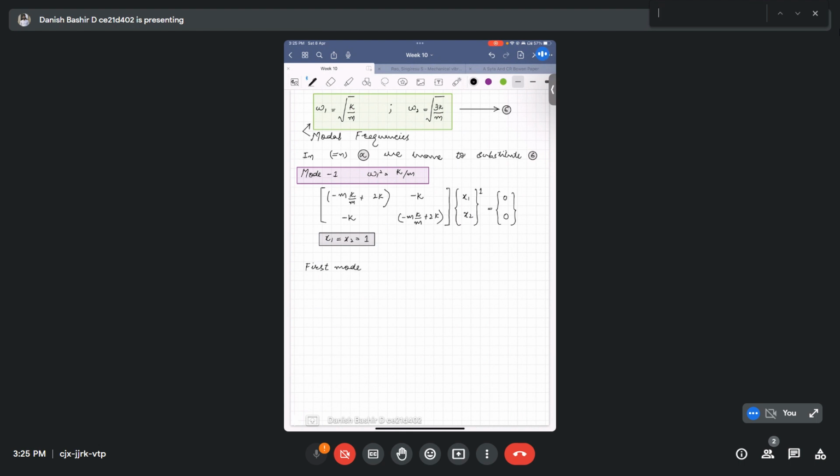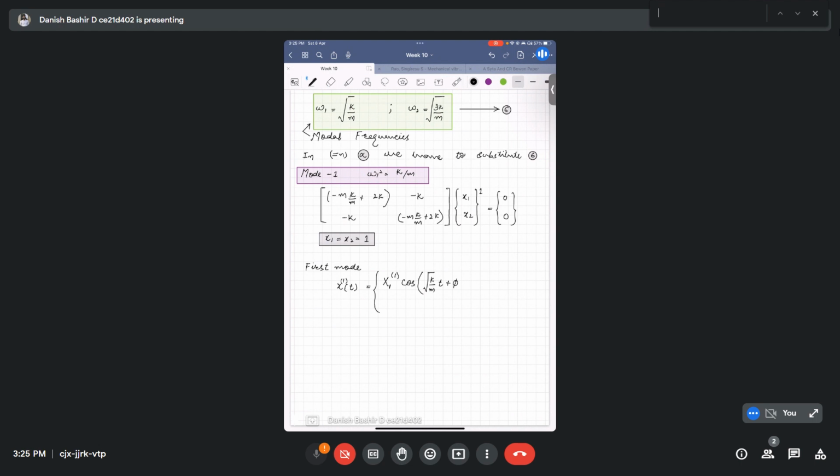First mode will be x of t, and its mode 1. It will look something like this. We have to write it as amplitude in x1 in mode 1, and it will be equal to cos of omega t, the natural frequency in that mode, root k by m, of t plus phi.